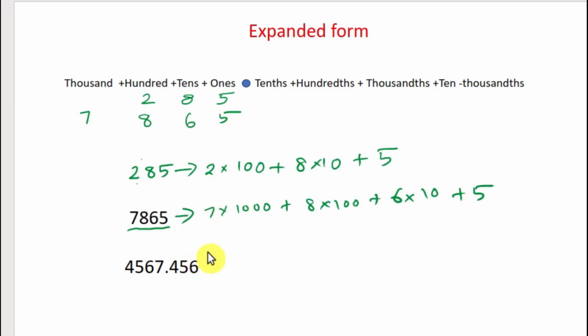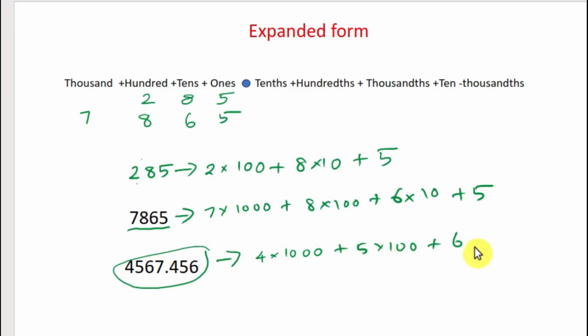Now we are going to expand decimal numbers. For example, 4567.456. Here 4 into 1000 plus 5 into 100 plus 6 into 10 plus 7.